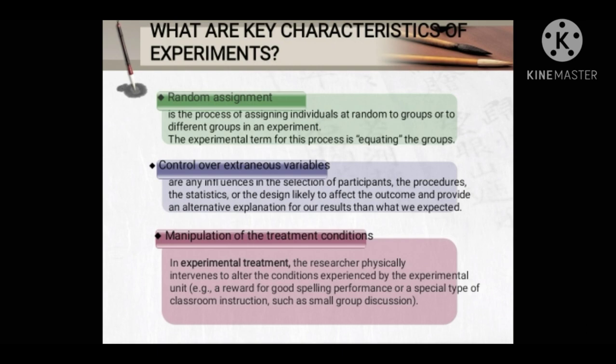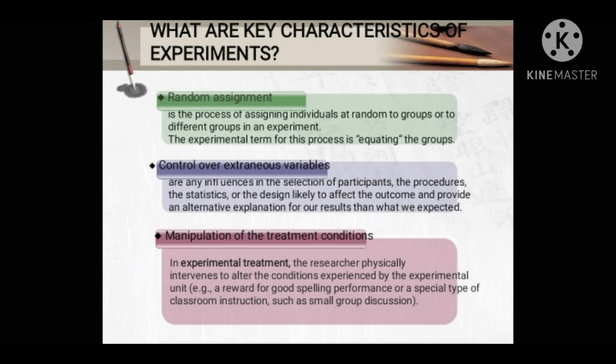The second is control over extraneous variables. Extraneous factors are any influences in the selection of participants, the procedures, the statistics, or design likely to affect the outcome and provide an alternative explanation for our result than what we expected.